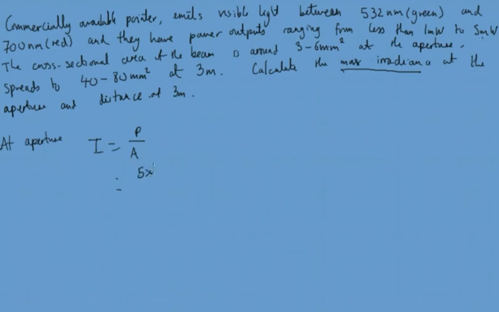So it's 5 times 10 to the minus 3. We want the smallest area, so this is 3 millimeters squared.